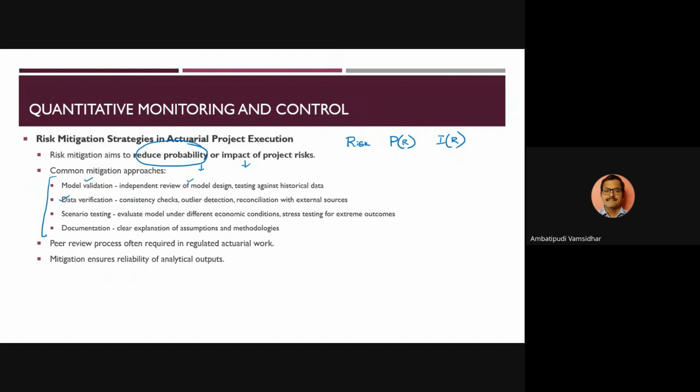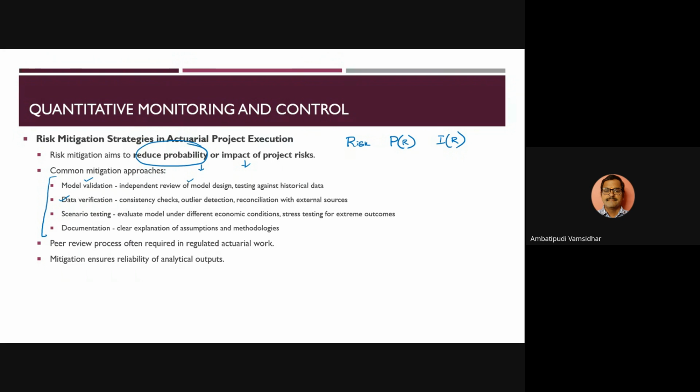And then when it comes to scenario testing, rather than seeing that your model fails under some condition, you may want to evaluate the model under different economic conditions. You may want to do stress testing under the extreme outcomes, etc. And finally, even the documentation.